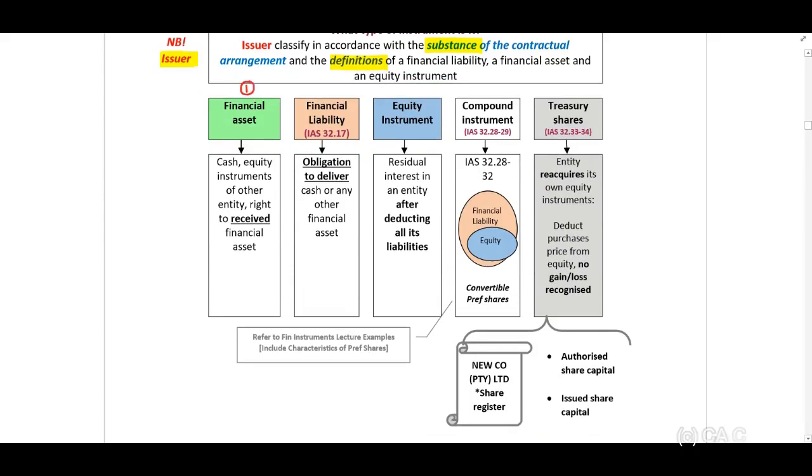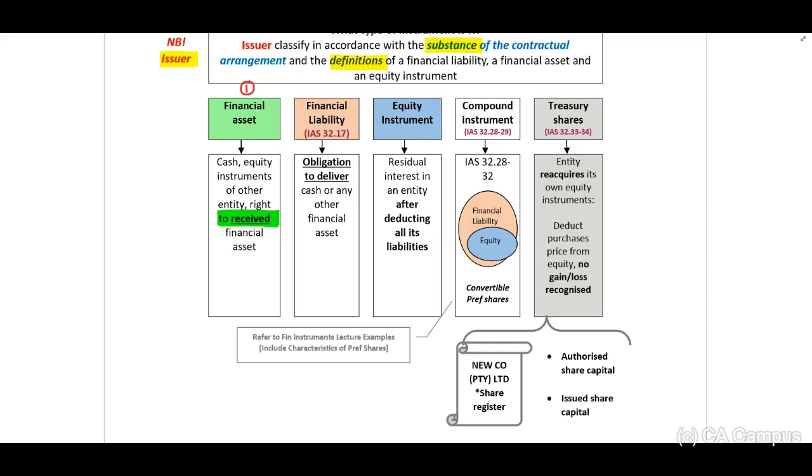Now, guys, you're able to link this to your conceptual framework. If this is an asset, this should result in future economic benefits being received. Therefore, the entity that recognizes a financial asset should receive cash, equity instruments, or any other right from that financial asset.